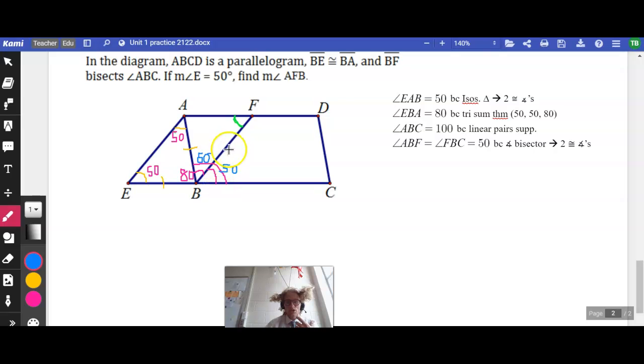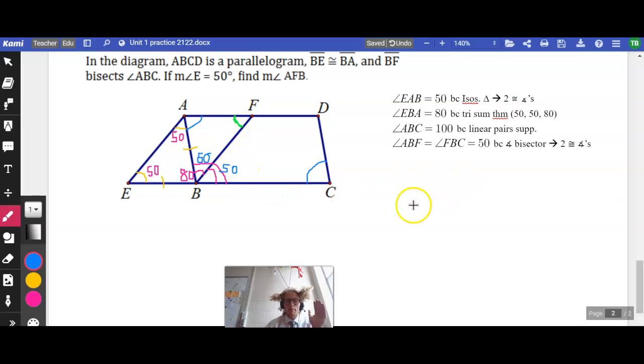You could just say that we have alternate interior angles, and that's what I'm going to show next. You could say, well, since this is 100, then that means this is 80 because I have a parallelogram and my consecutive angles are supplementary, and that means that this one is 80, and 80 plus 50 is 130, so this has to be 50.